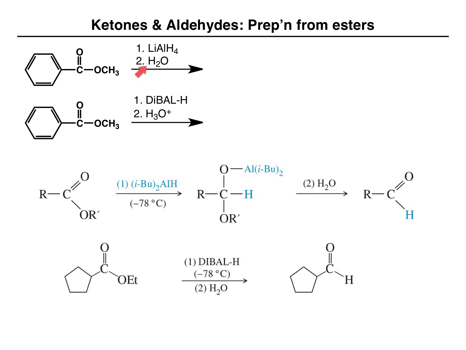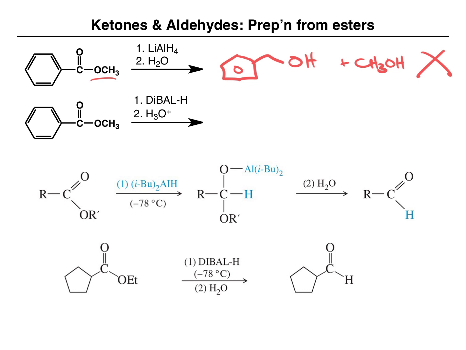If instead we use lithium aluminum hydride, so a stronger hydride reducing agent, this is going to reduce the ester, but unfortunately it reduces it all the way down to the alcohol. And we're also going to get some methanol.